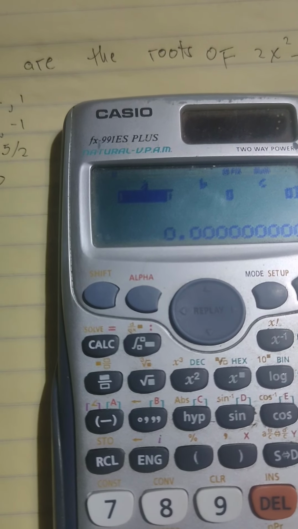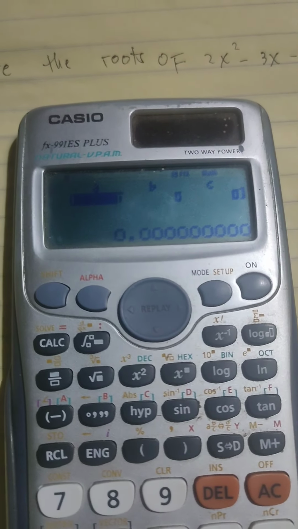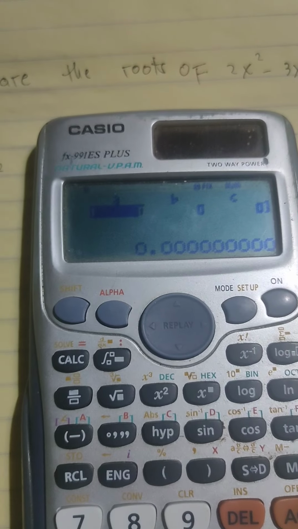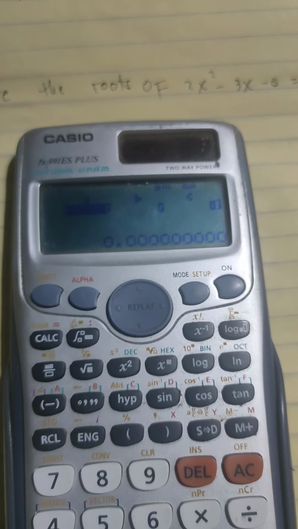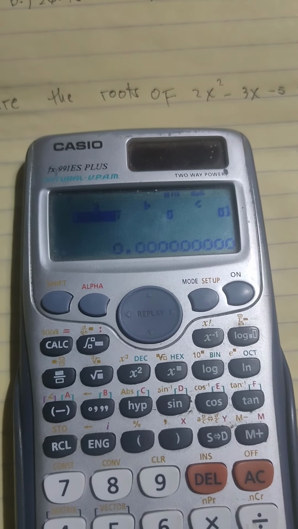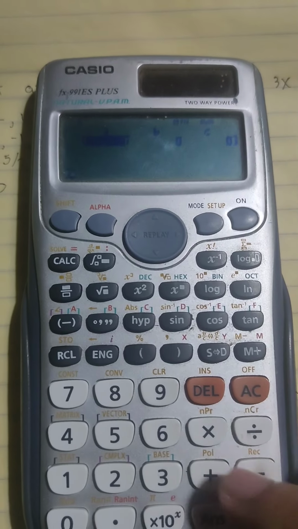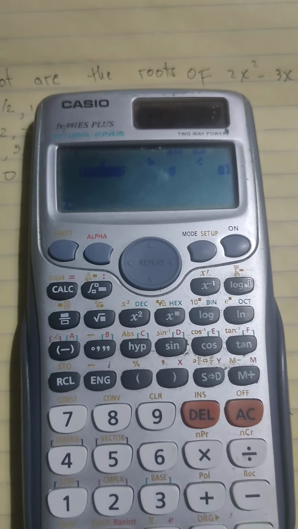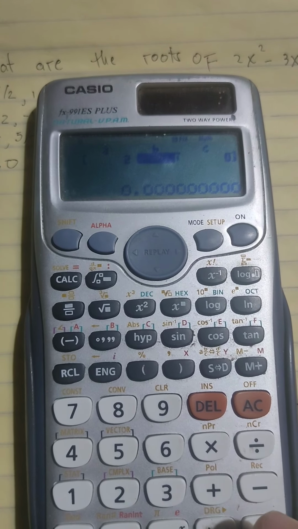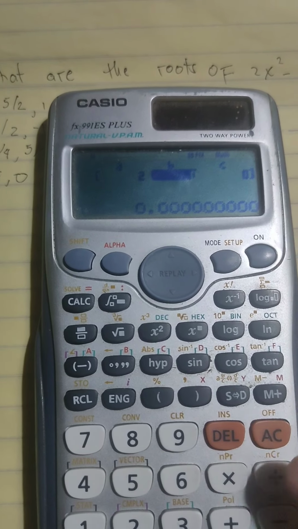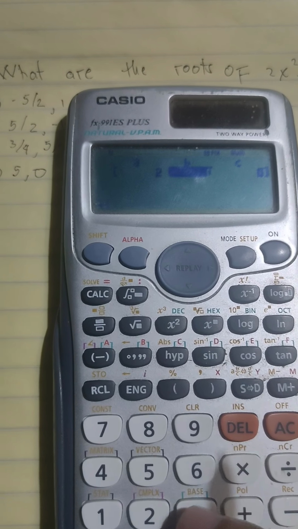Next we will write the constants. For the first constant, which is 2, press equals. Then the next is negative 3, equals.